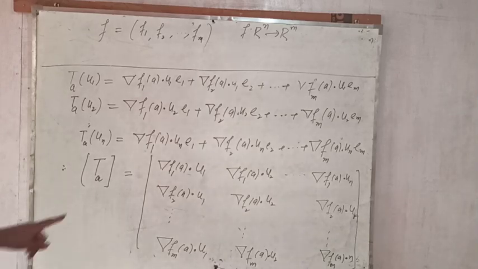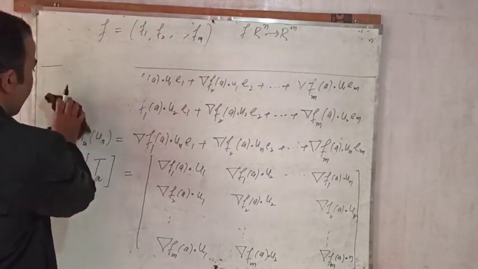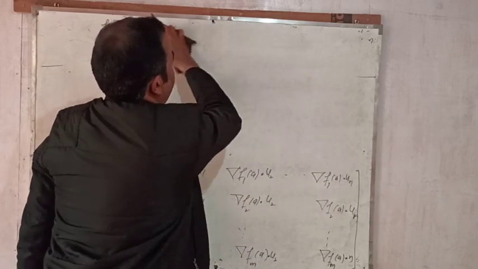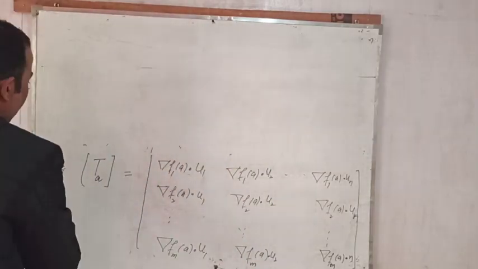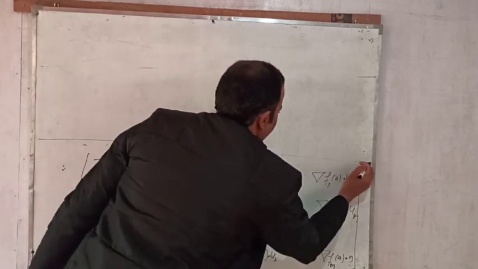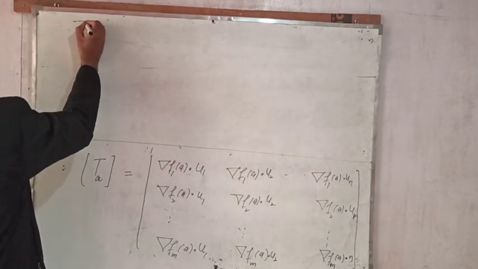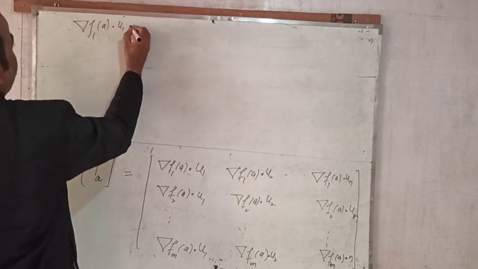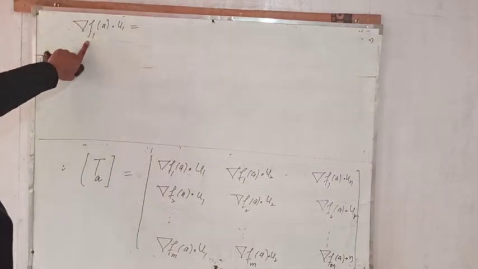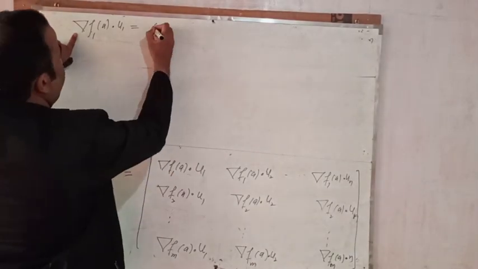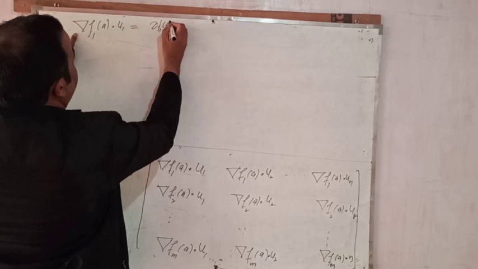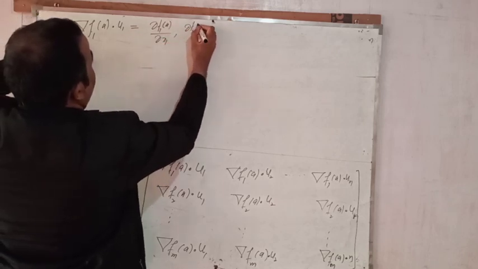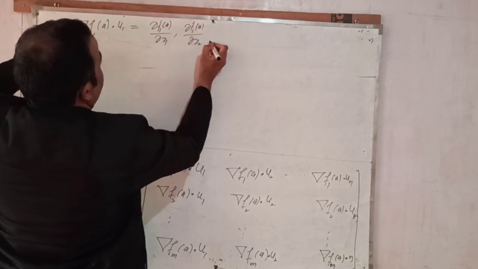Now let us evaluate these entries of the matrix. Let me go to the first one. When we evaluate delta of F1A dot U1, what is the value? Because this is a function of n variables, this will be delta of F1 at A by delta of x1, delta of F1 at A by delta of x2.